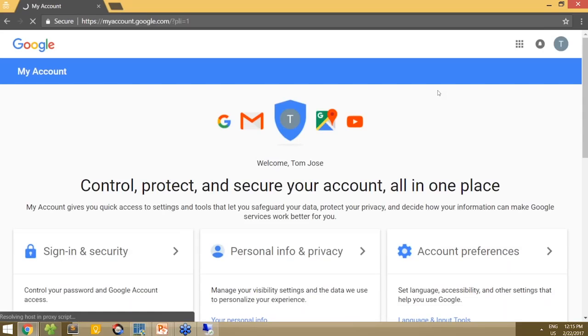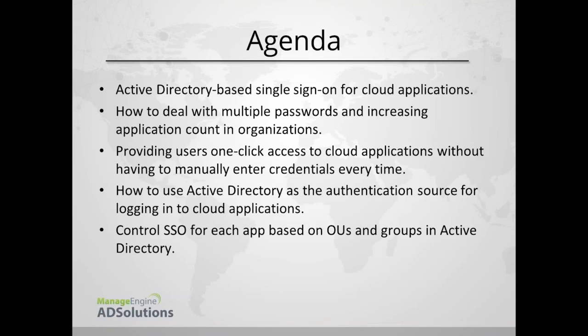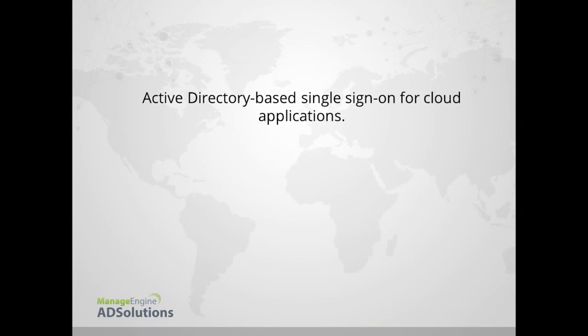So what basically you have to do is configure Google Apps within ADSelfService Plus. So right now I showed you how to configure the single sign-on app for cloud applications via ADSelfService Plus.